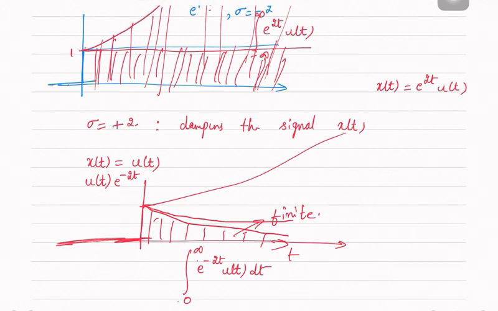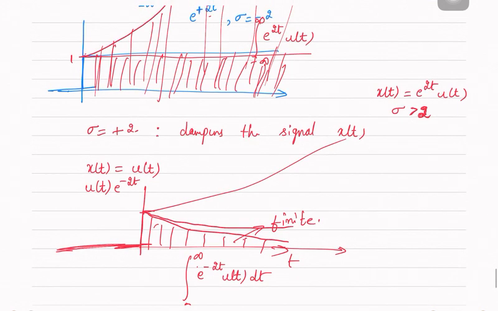The Fourier transform for this signal doesn't exist, but the Laplace transform exists provided sigma is greater than 2. So this is what that condition will give us. Notice that sigma is not equal to 2 here. The signal x of t itself is e power 2t into u of t. Sigma you can select.